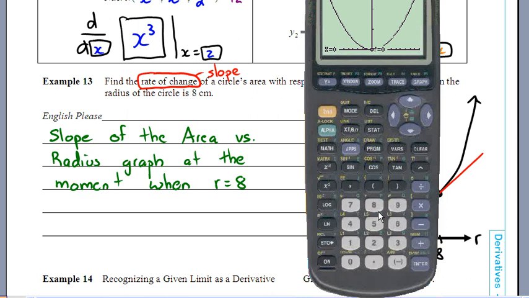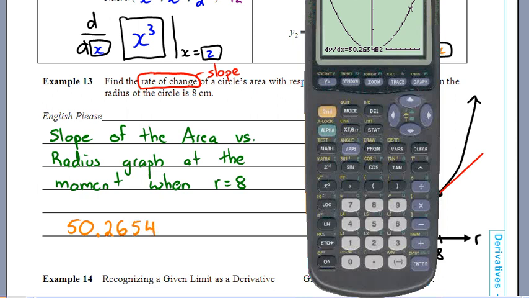Unless it says do it by hand, maybe we'll just pick up our calculator and say, hey, calculator, help me out. Now again, if you have a TI-83, you have to now type in at 8, and it'll say, oh, here's your slope. I have to write 4 decimal places down, 50.2654. As long as I go to 4 decimal places, that's considered okay. So they didn't want to know the y value of the graph, they wanted to know the slope of the graph.